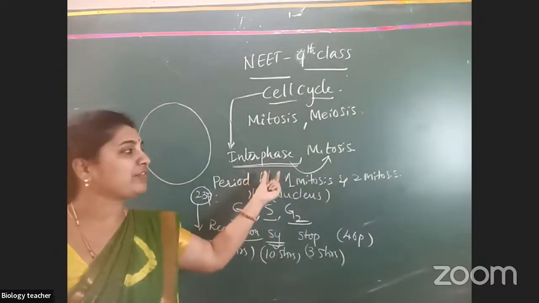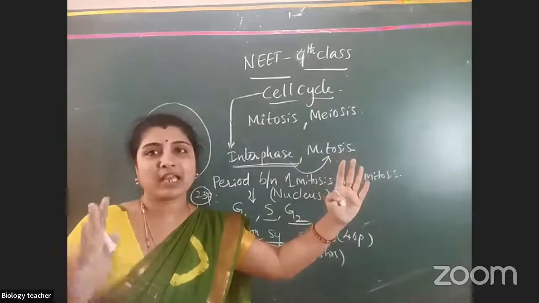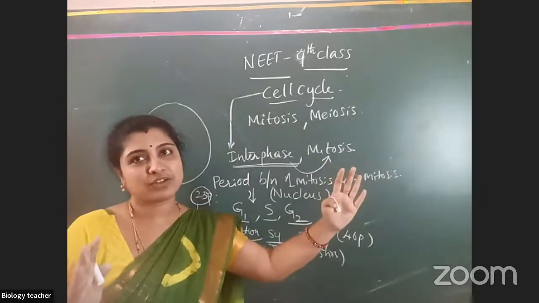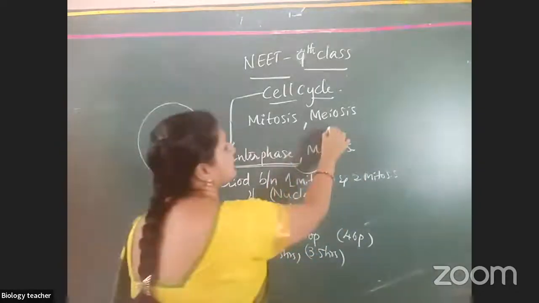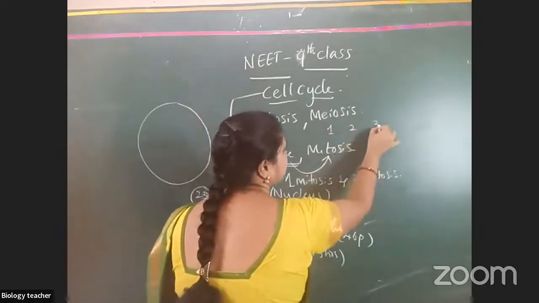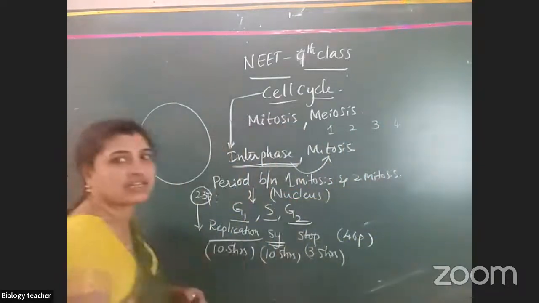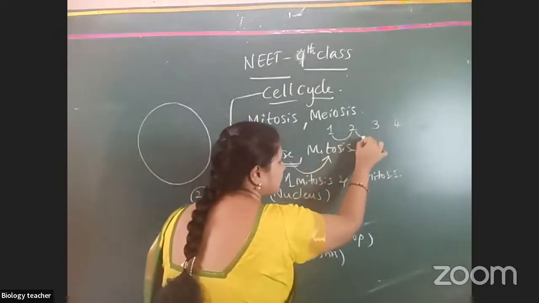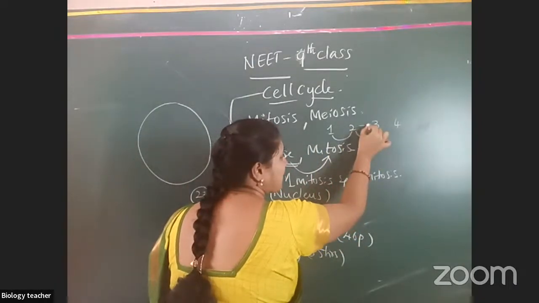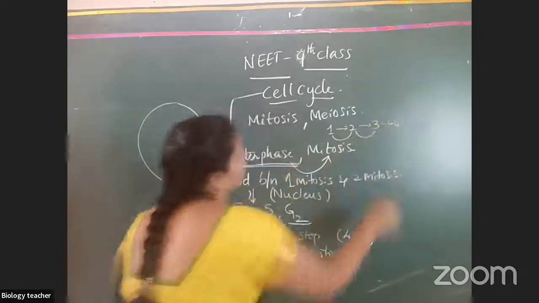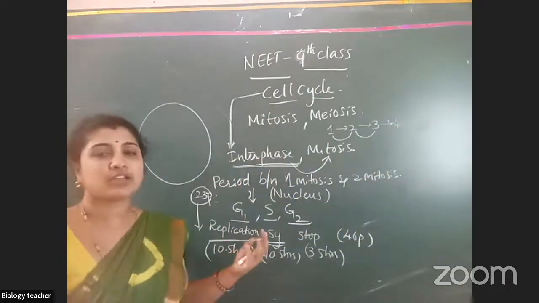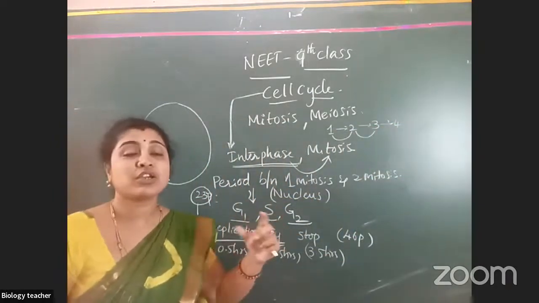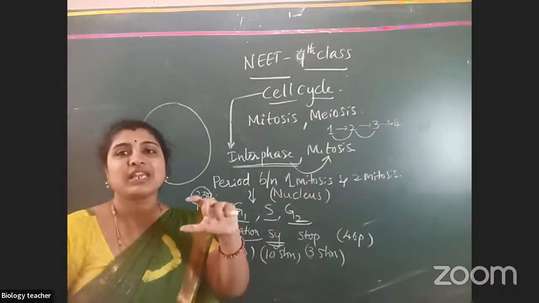For example, first mitosis, second mitosis, third mitosis, fourth mitosis, like a continuation. The gap between them is known as interphase. What is happening in the interphase? The nucleus is changing.